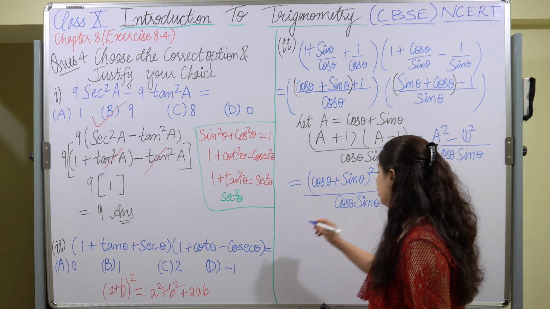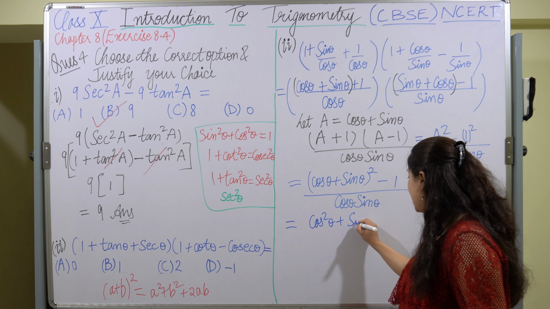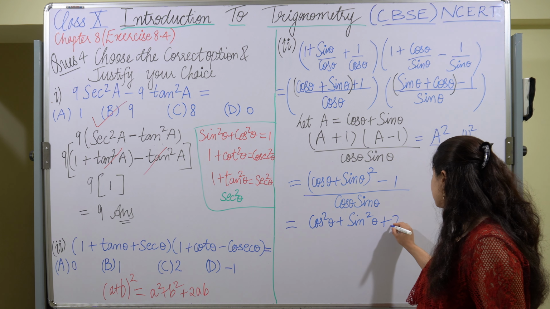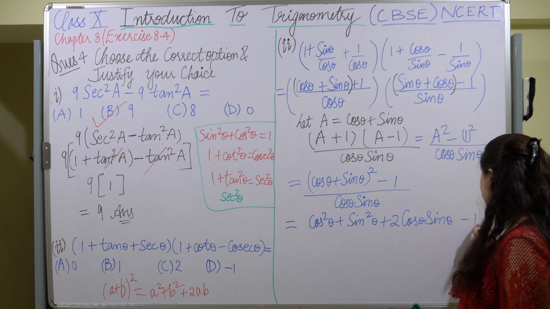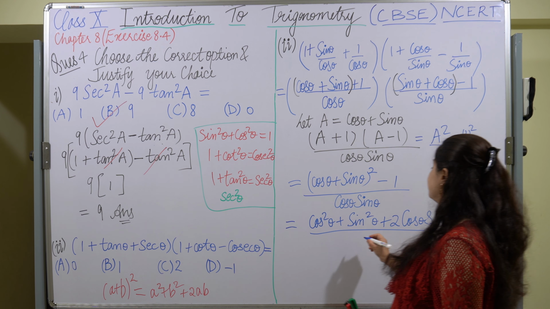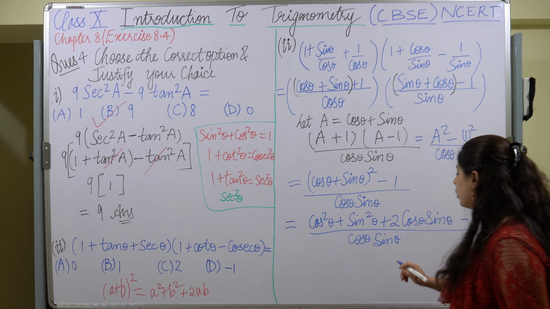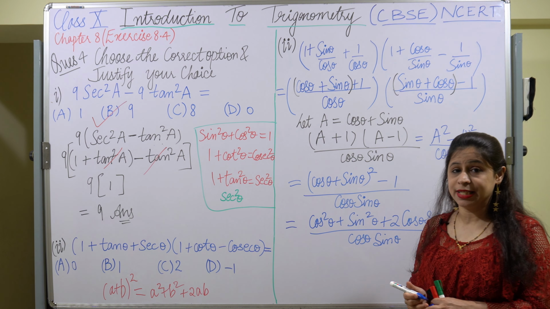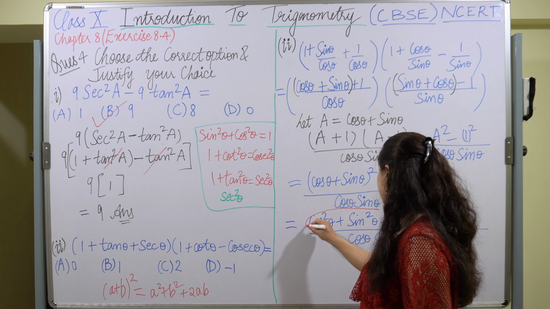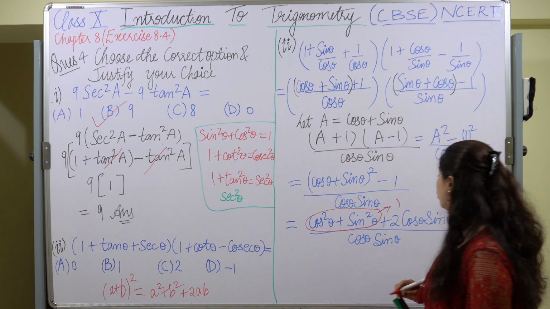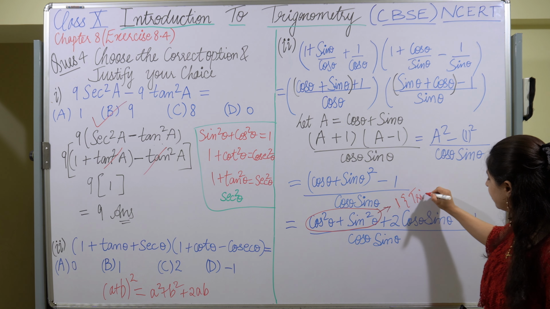So when we open it, we'll be getting over here cos square theta plus sin square theta plus 2 cos theta sin theta minus 1 upon cos theta sin theta. Okay, so now using the first identity, sin square theta plus cos square theta will be equal to 1, because of the trigonometric identity.